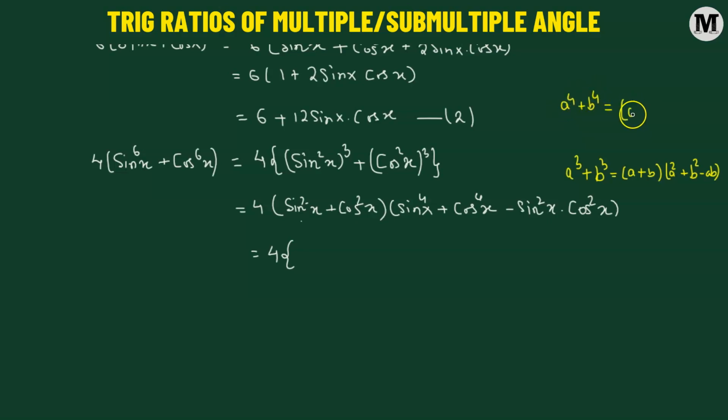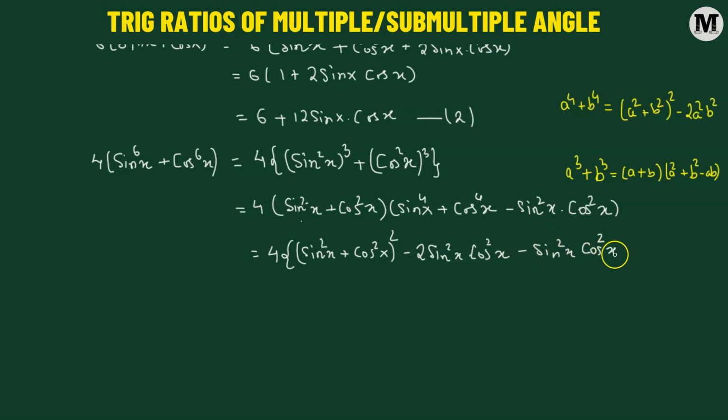Now we can also express this as a squared plus b squared whole squared minus 2 times the product of a squared times b squared, which means that it can be expressed as sine squared x plus cosine squared x whole squared, and from it we're going to subtract 2 times the product of sine squared x times cosine squared x, and we also have this term negative sine squared x times cosine squared x. So now we get 4 times, so this will become 1.